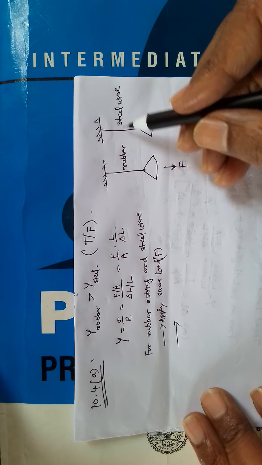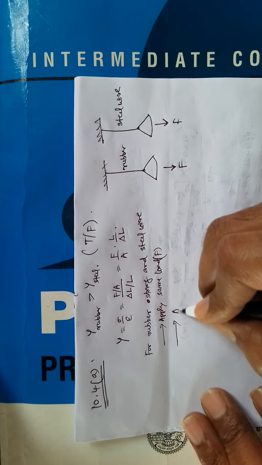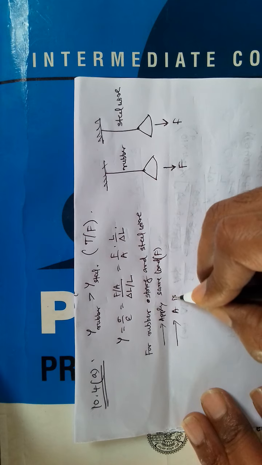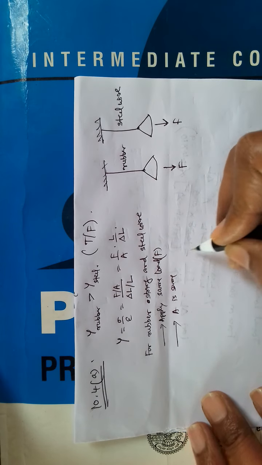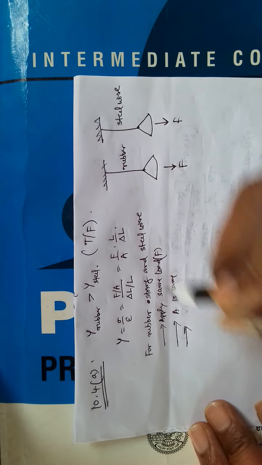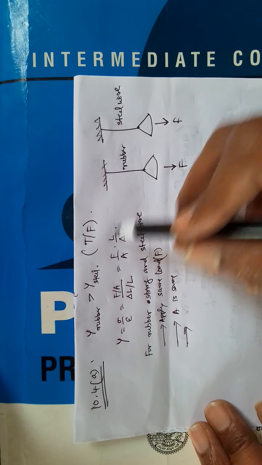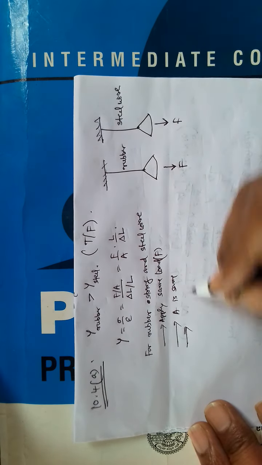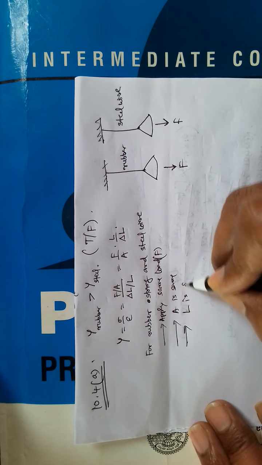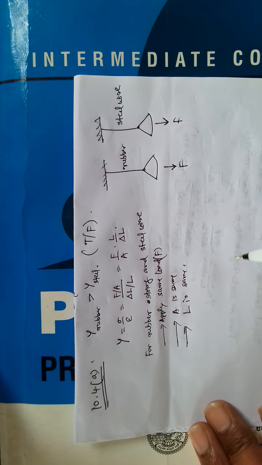Let the cross sectional area for both be the same. A is the same for both. Force same, cross sectional area same, initial length also same.